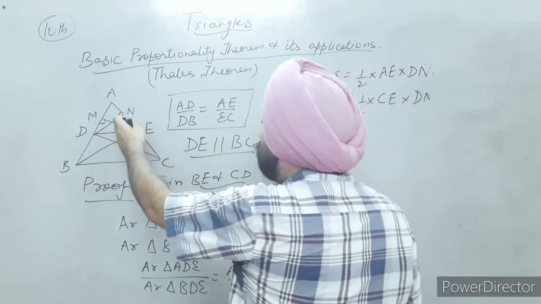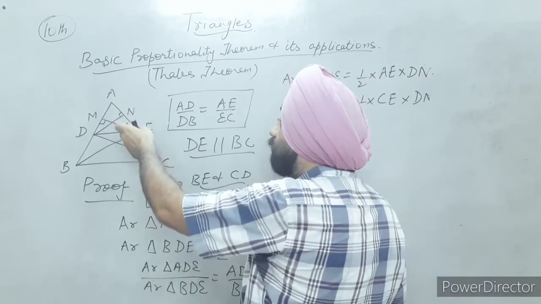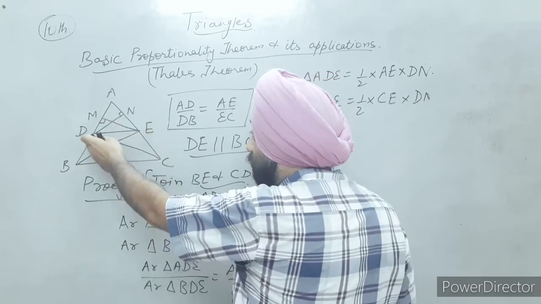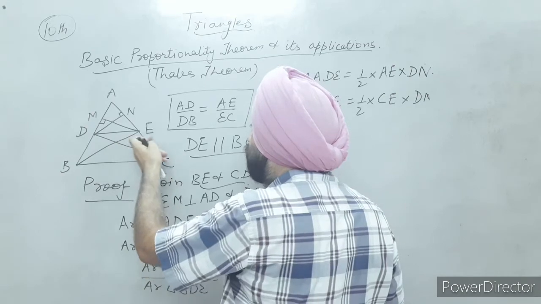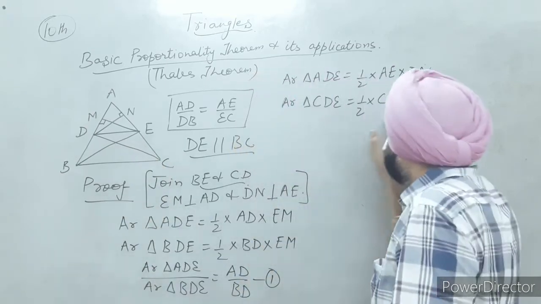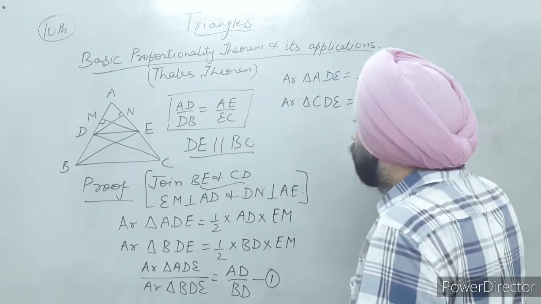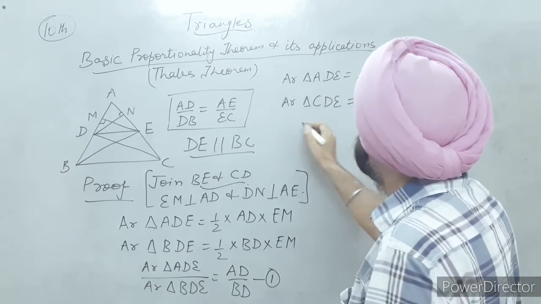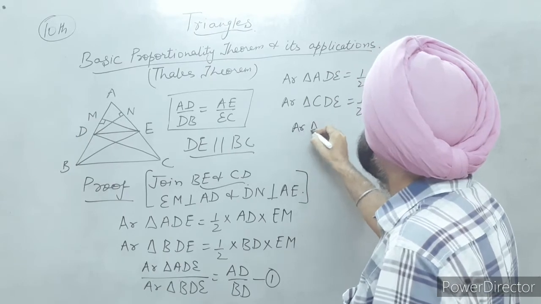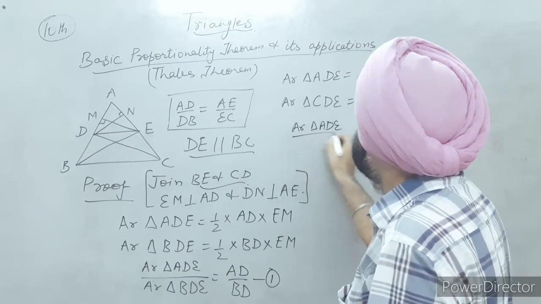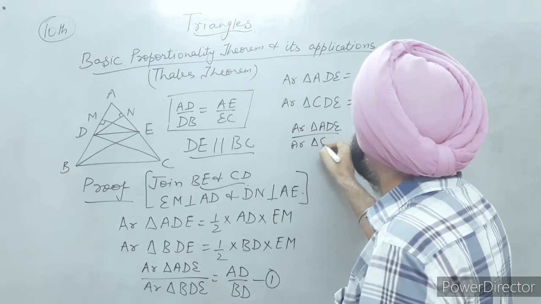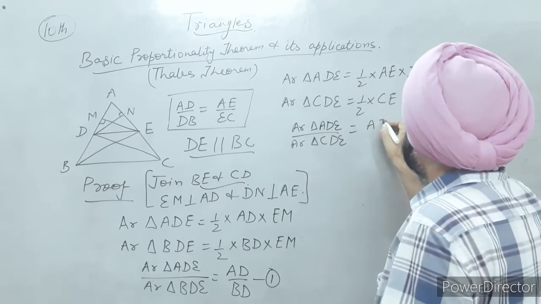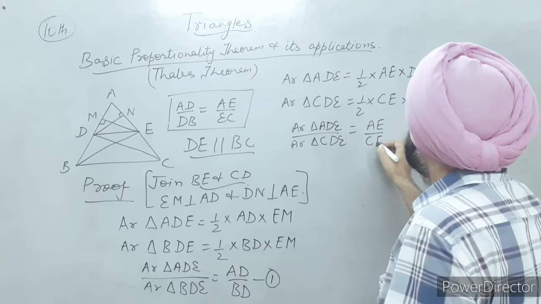DN is dropped on CE extended, right? The base remains CE because I am talking about the triangle CDE, or you can call it CED. Half into base into height. Height is DN. Now again, if I divide these two, I get the ratio of area triangle ADE upon area triangle CDE, which is equal to, half with half goes, DN with DN goes, AE upon CE.